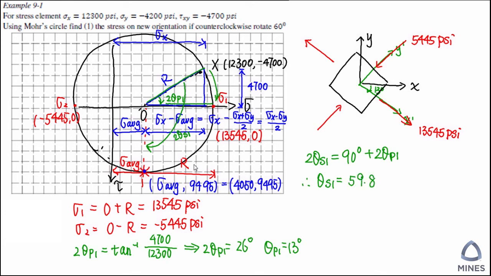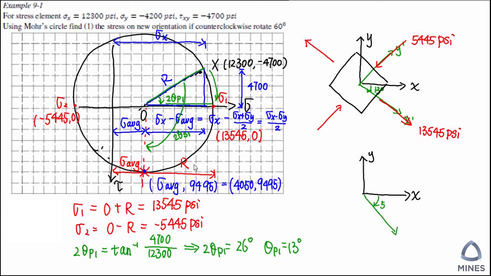So now we are ready to draw the stress element. Again, try to draw the original coordinate system. And we are going to rotate clockwise this degree to get to the new coordinate system. And then try your best to draw the stress element. So now let's take a look.